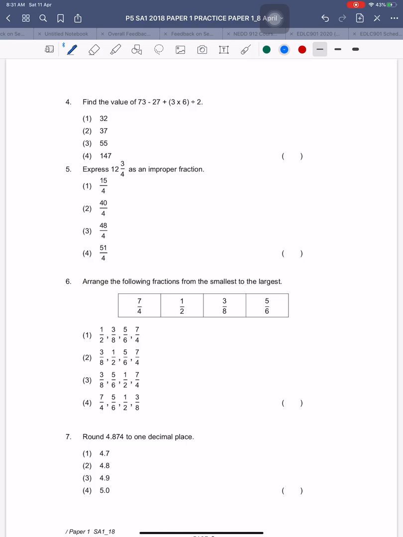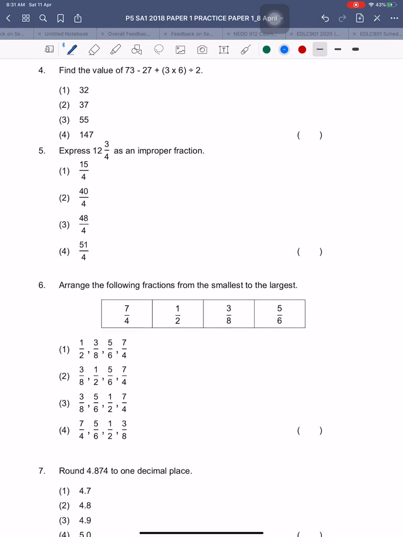Alright, let's go on to page 2. So apply the order of operations, the 3 rules that I taught you. First thing, do the number in the bracket first.